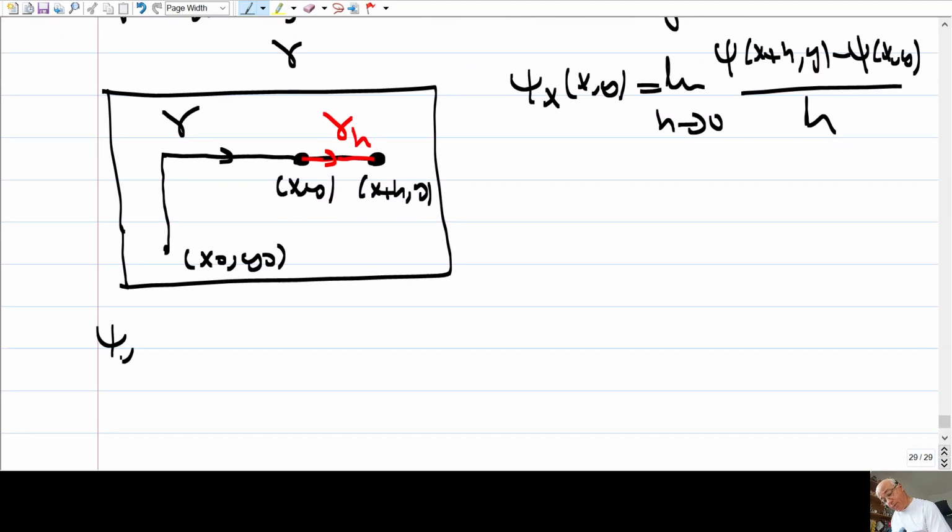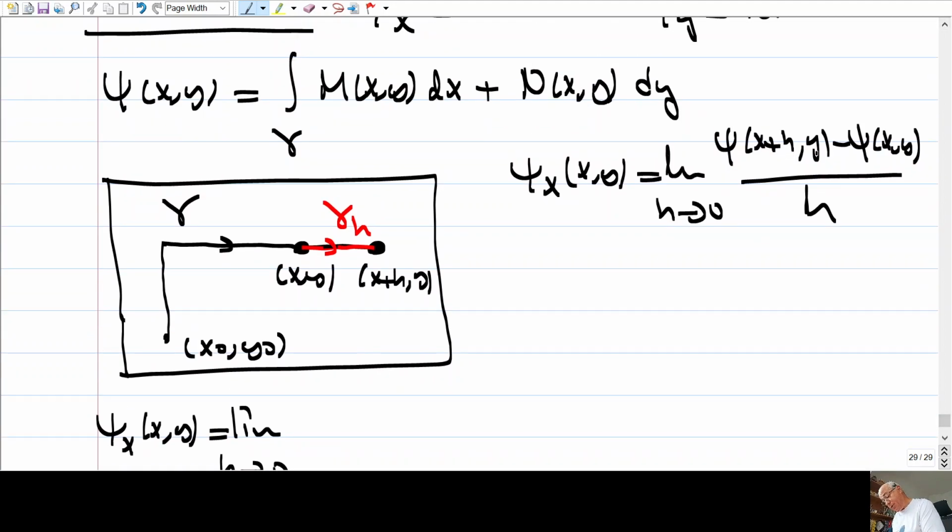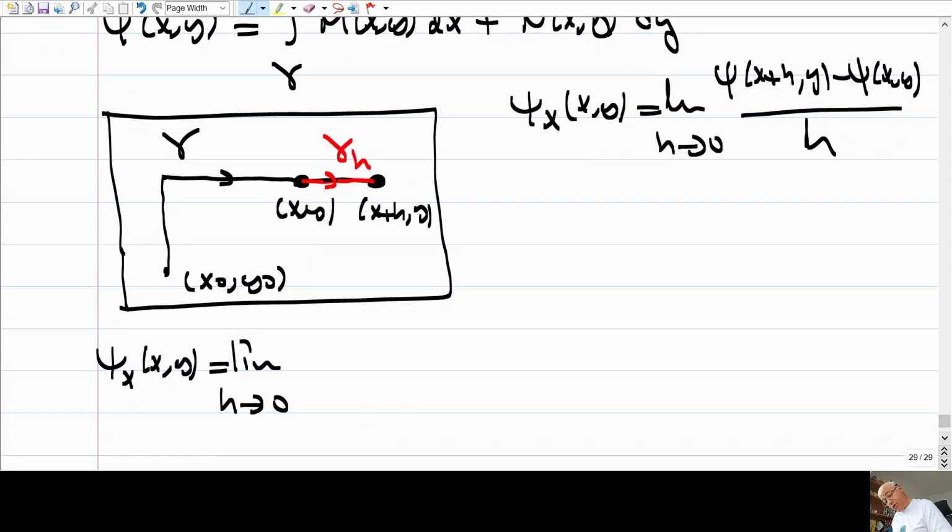Okay, now this is the limit as h goes to 0 of psi at x plus h comma y. So this is just the integral along gamma and gamma h.